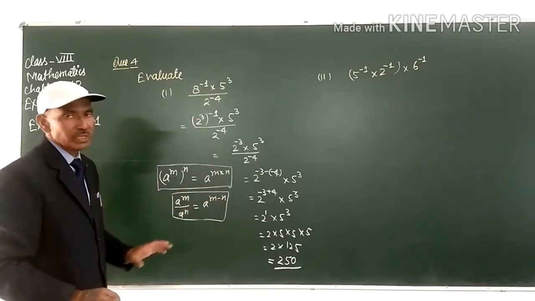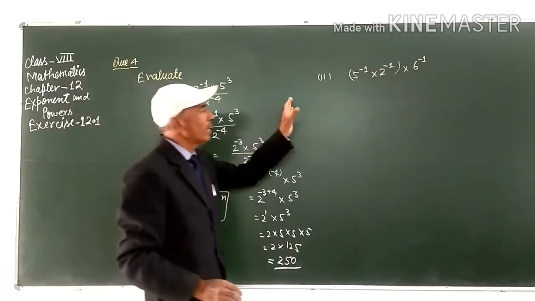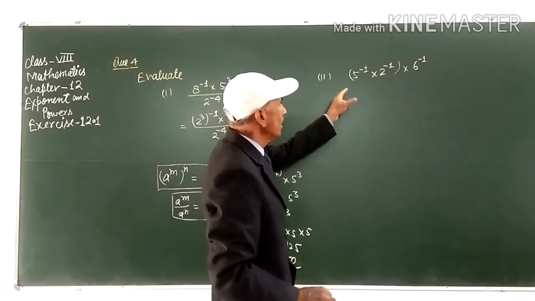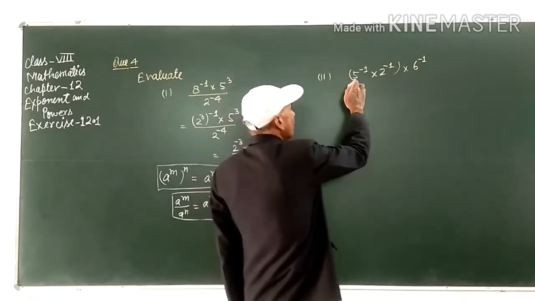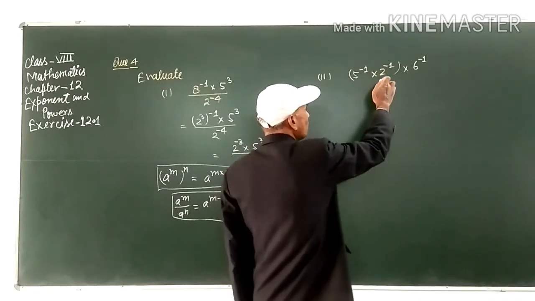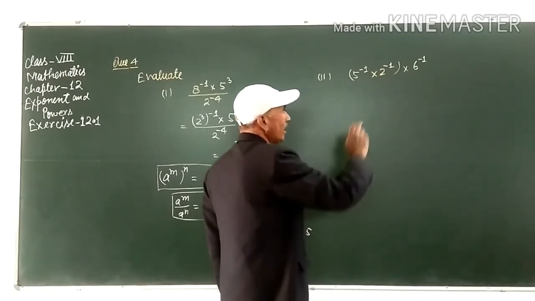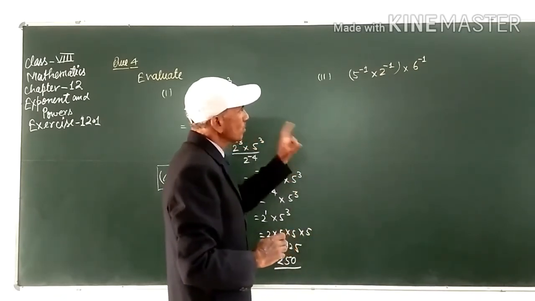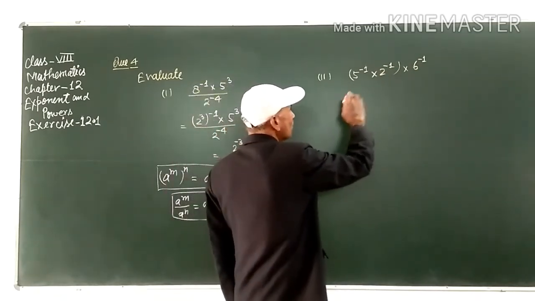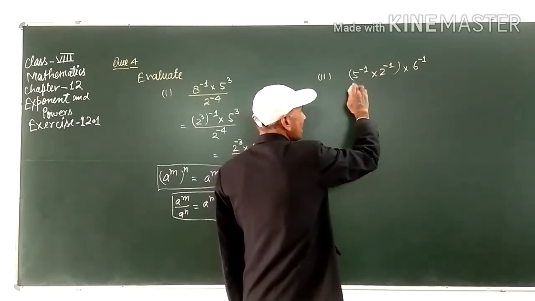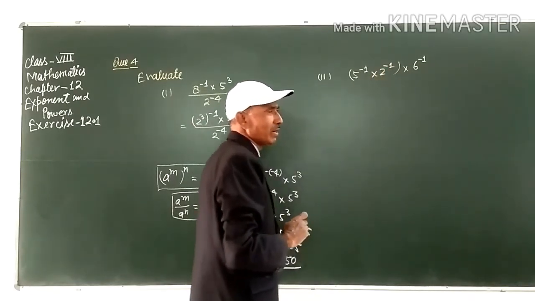In this question we have used these formulas to solve it. Now we have to solve the second part of this question, and here it is 5 to the power minus 1 into 2 to the power minus 1, into 6 to the power minus 1. So, students, first of all we have to write this like this, because the bases are not equal but the exponents are equal, clear?